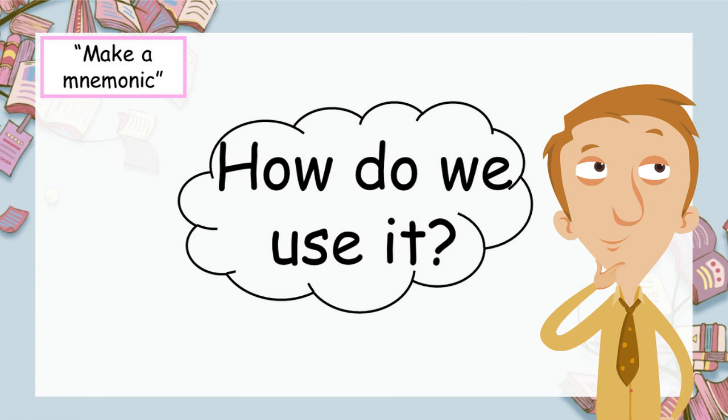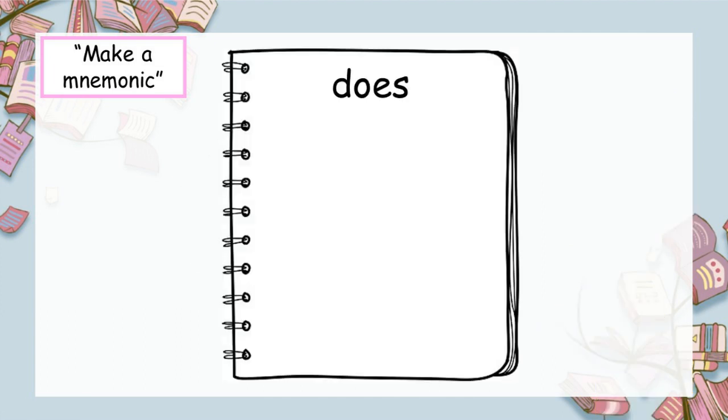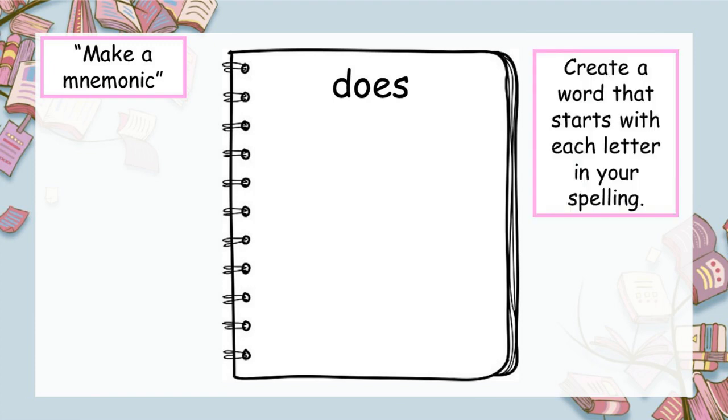So how do we use it? Well, let's take a look at the steps we take when we're making a mnemonic to remember. The first thing we need is a tricky spelling word, one that doesn't follow the usual spelling rules. Let's take the word does. The first thing we're going to do is think of a word that starts with each letter in my spelling word.